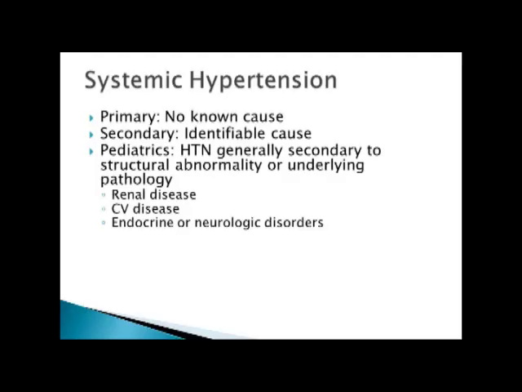Systemic hypertension can be primary, where there's no known cause, or secondary, where there are identifiable causes. And some children with cardiac issues or kidney issues do have secondary causes. Usually in pediatrics, hypertension is secondary, and it lists renal disease or cardiovascular disease, or maybe some endocrine or neurological disorders that can cause hypertension.